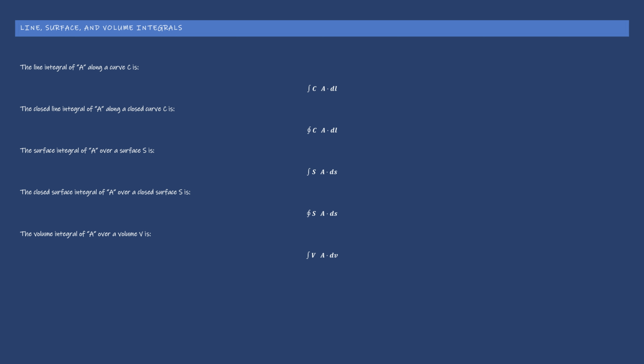The surface integral of a vector field A over a surface S is denoted by the surface integral of A dot dS. This means that we multiply the vector field by the differential element of surface and take the dot product, then add up all these products over the surface.